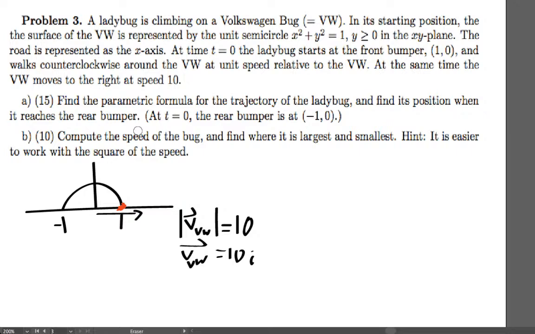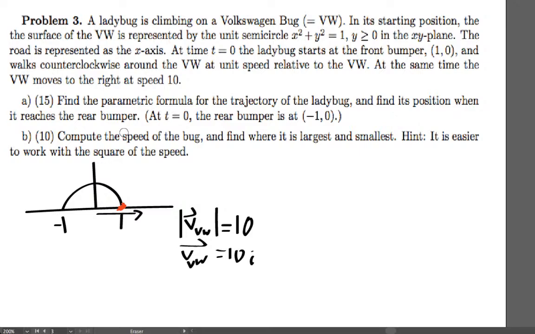First thing is that my intuition is to check if it's actually moving at unit speed relative to the bumper. How long does it take for the ladybug to reach the end of the bumper? How long does it take to go to the rear bumper?